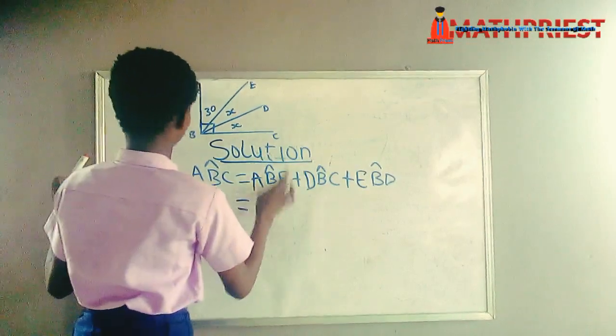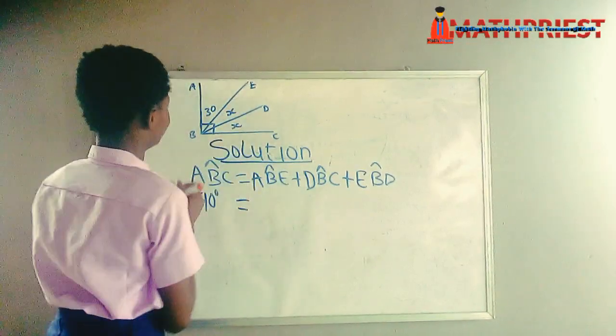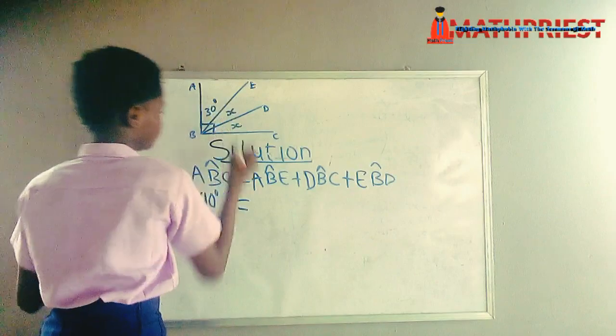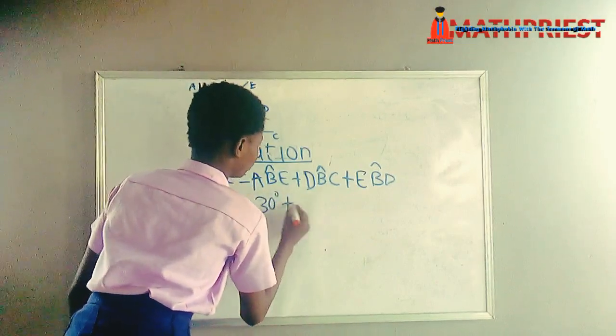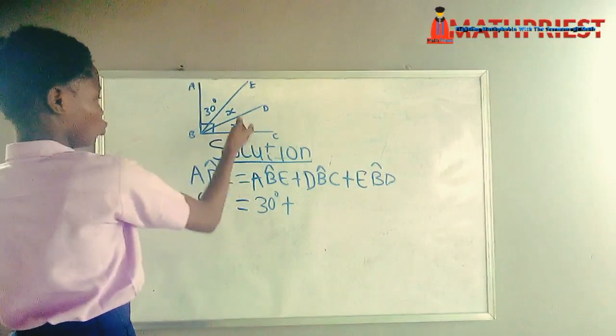Our ABE is 30 degrees, plus our DBC is X.